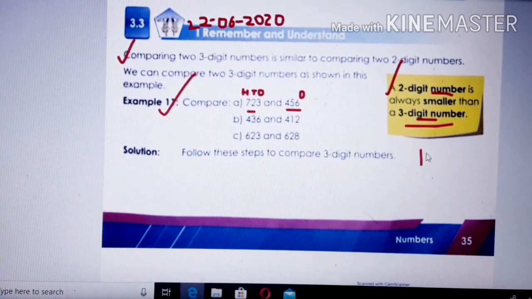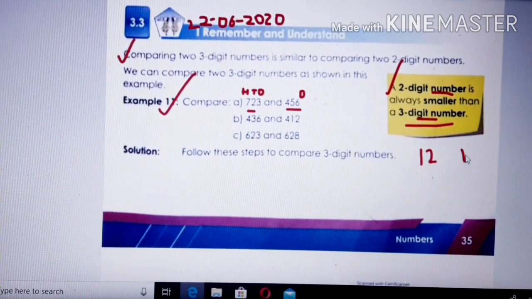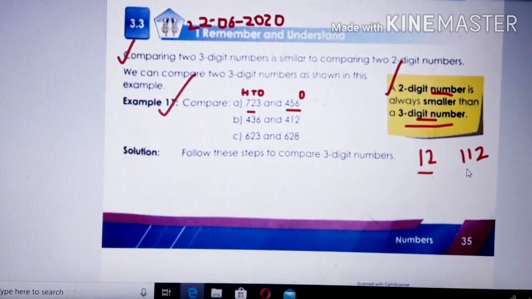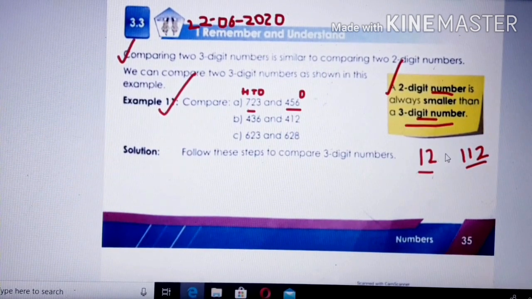Suppose you get 12 and you have to compare 112. This is a 2-digit number and this is a 3-digit number, isn't it? So it is very clear that the 2-digit number is smaller than the 3-digit number.